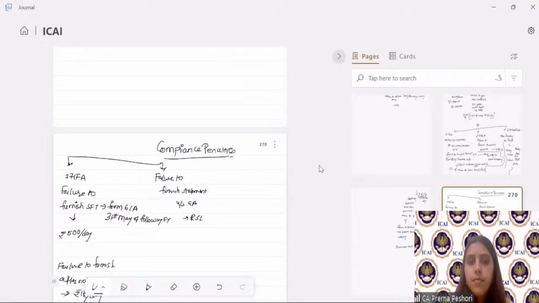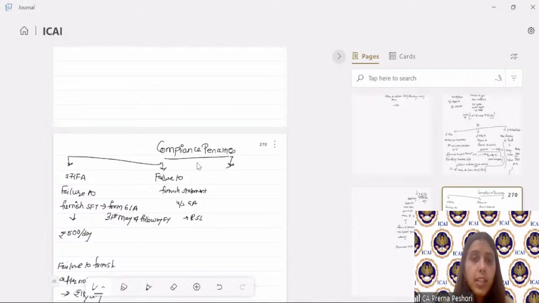Is that clear? Then there is one more section which is particularly for the indirect transfer. Again, what is indirect transfer? You will learn in your international tax class. For the time being, I'm just giving you the penalties because that will help you in revising.